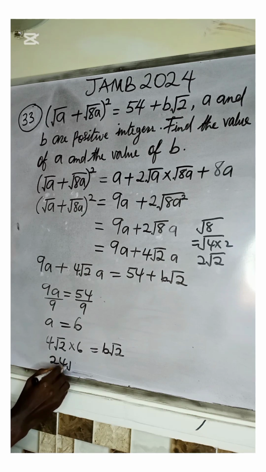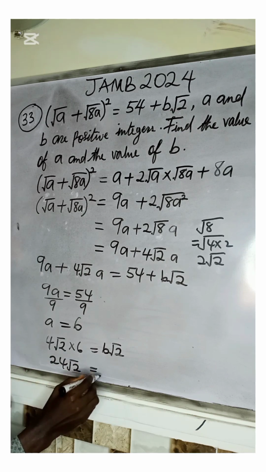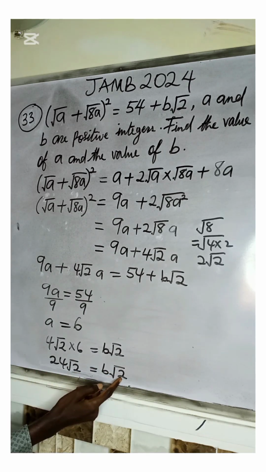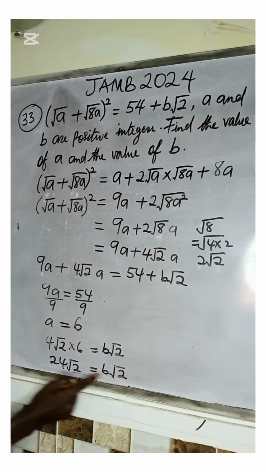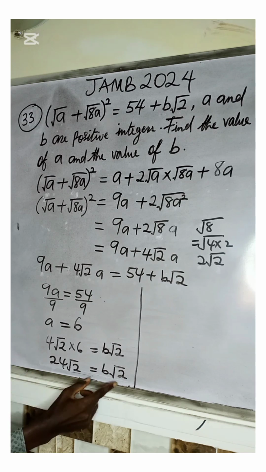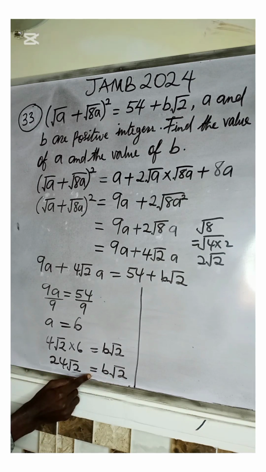So 24√2 equal to b√2. From here, √2 and √2, b is 24. When we compare these two terms, because they are equal, therefore b must be equal to 24.